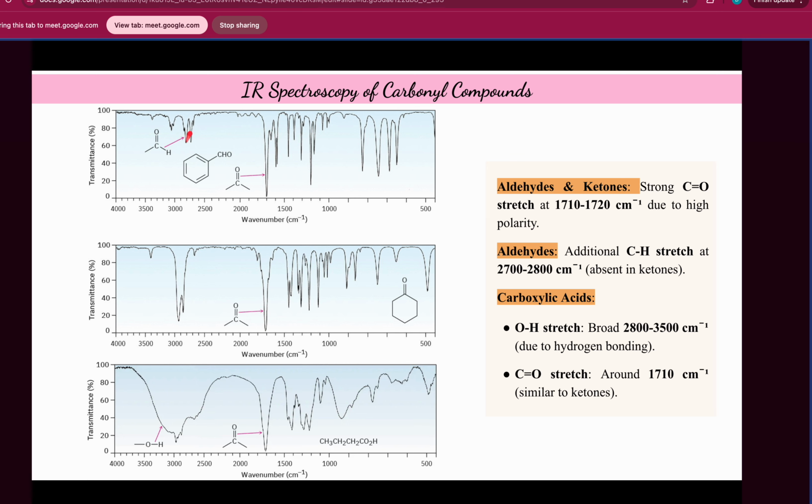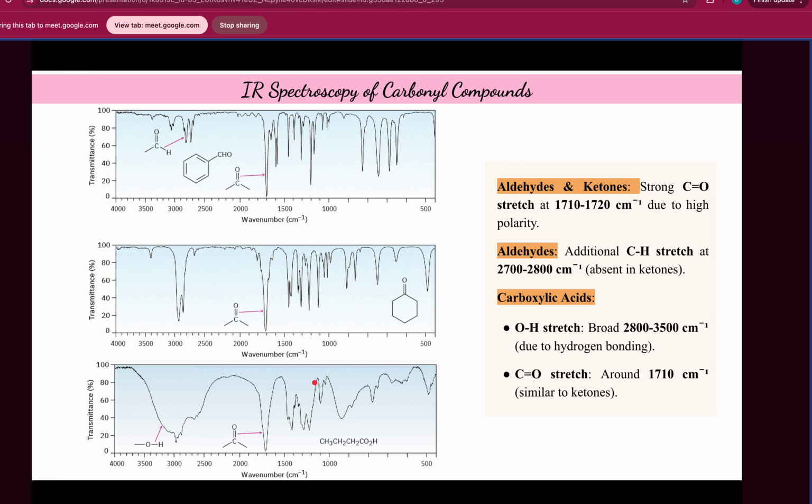This CH bond will show a weak band at 2700 to 2800 centimeter inverse, and this is absent in ketones. In both aldehydes and ketones this CO band will be visible, but the CH band will only be observed in aldehydes. This is how we can distinguish between aldehydes and ketones if we have two samples.